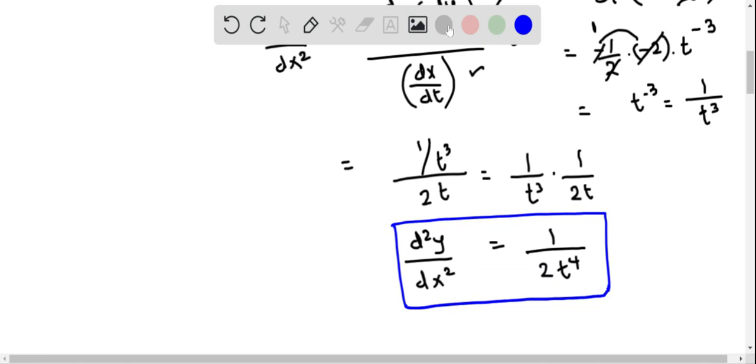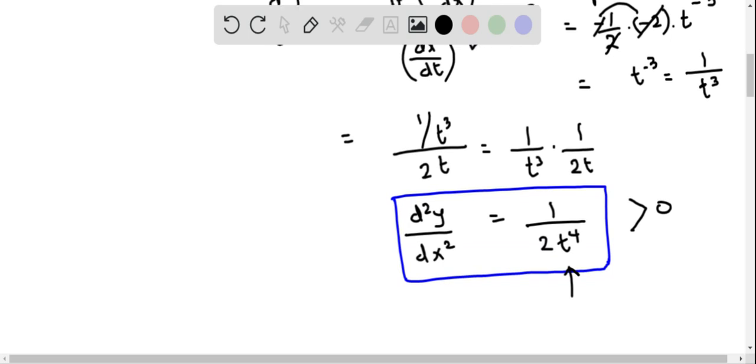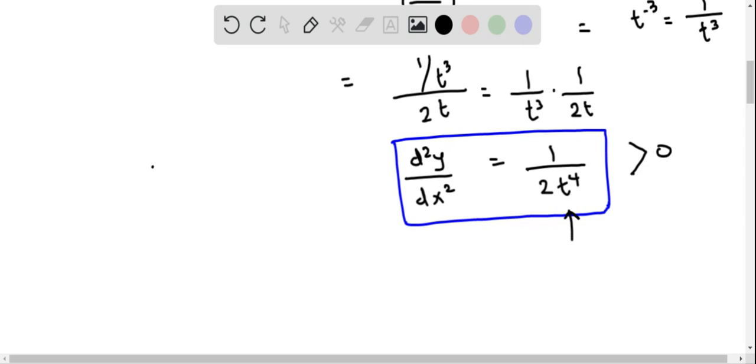And now for this to be greater than 0, we can plug in any value of t, because if we plug in either a positive value of t or a negative value of t, this is always going to be positive irrespective of the value of t, since here we have the expression t raised to the power of 4.